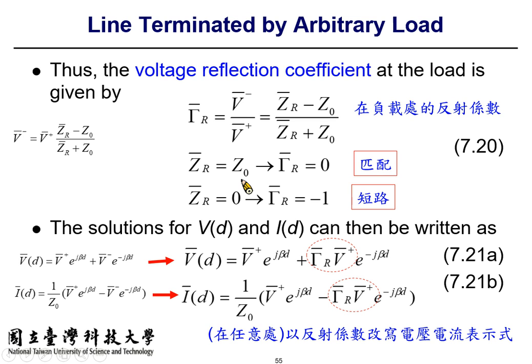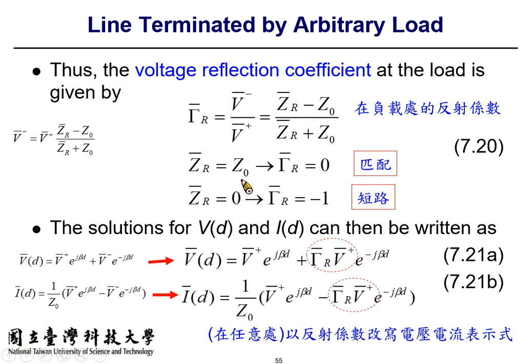With the definition of the reflection coefficient, what we can do next is replace V minus with the product of gamma_R times V plus. And you can do the same thing for the current part. So in equations 7.21a and b, the V minus signal is replaced with the product of gamma_R times V plus.